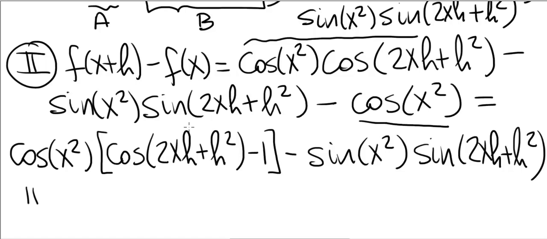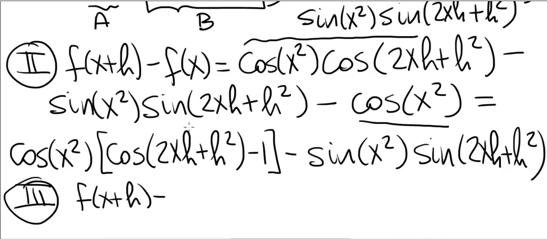Now in step number 3, we compute the difference quotient, that is f of x plus h minus f of x divided by h. So it looks like this.